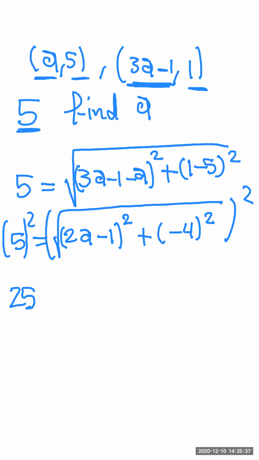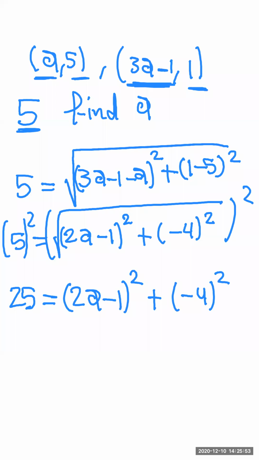And on the other side, squaring removes the square root, so we get 2a minus 1 squared plus negative 4 squared. Are we okay till now? Yes. Okay, great. So 25 equals 2a minus 1 squared plus 16.